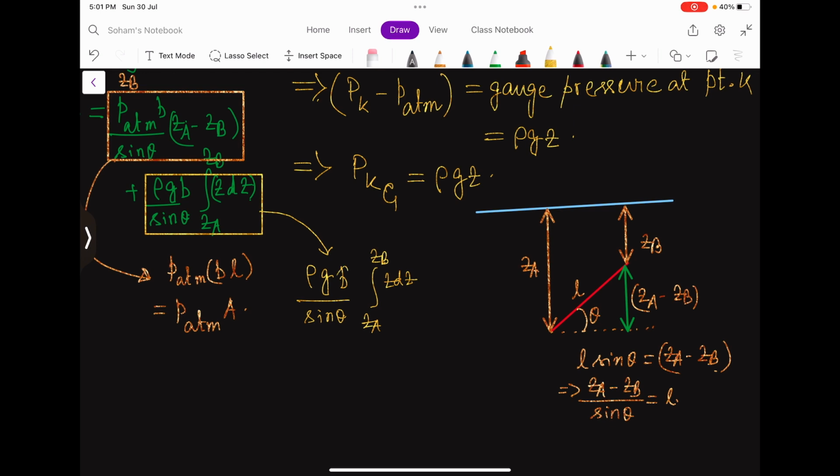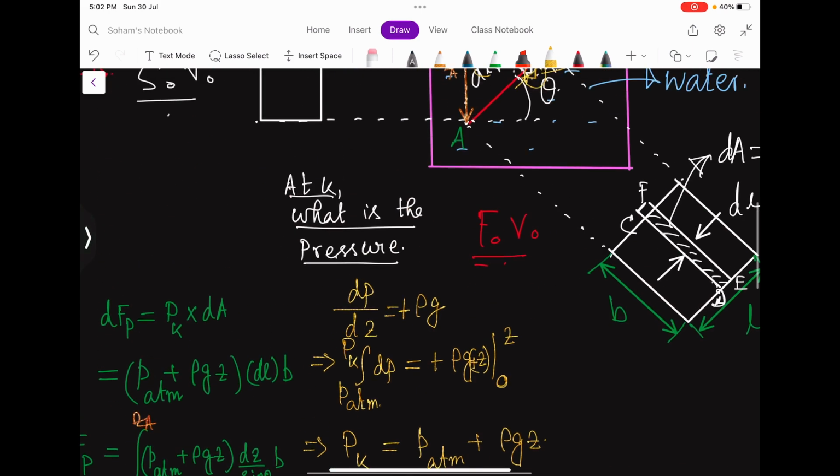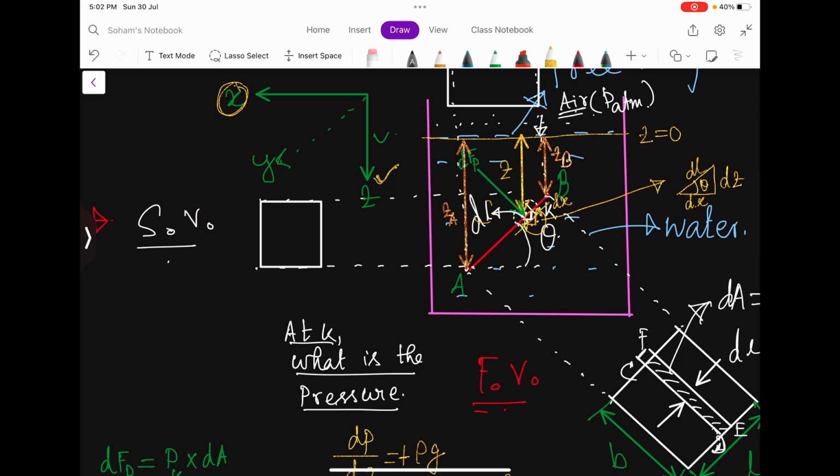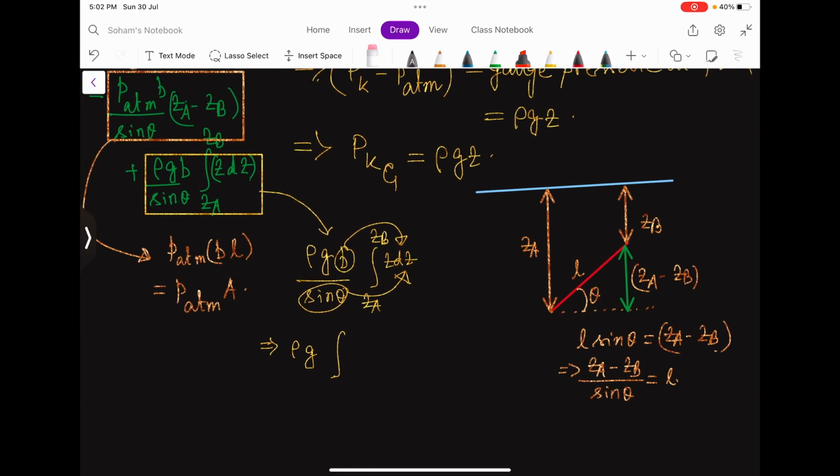If I take this b and this sine theta into the integral, then z dz by sine theta is dl, so it becomes b dl into z. So b dl into z.